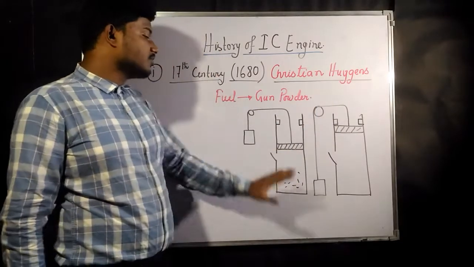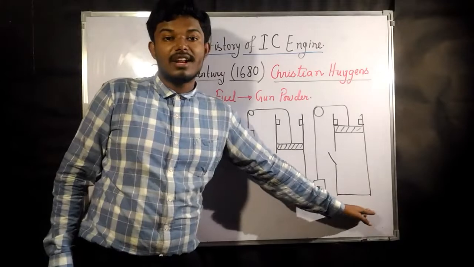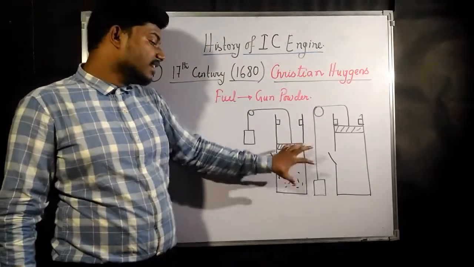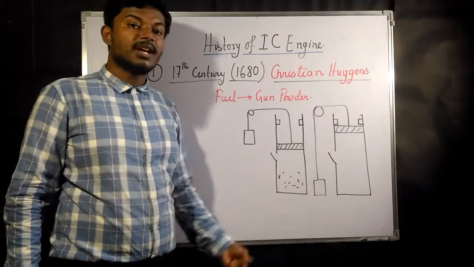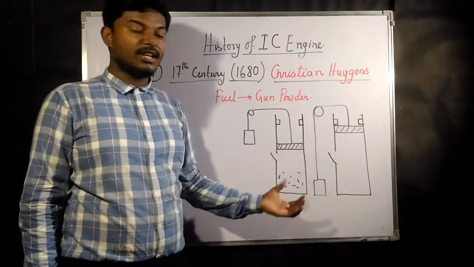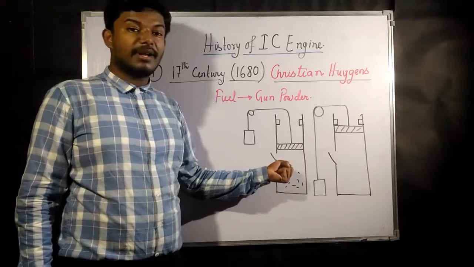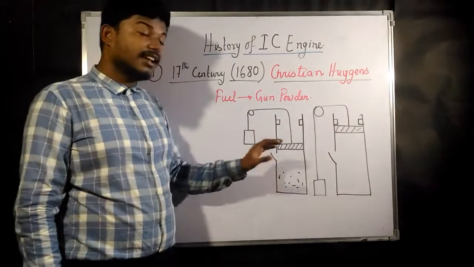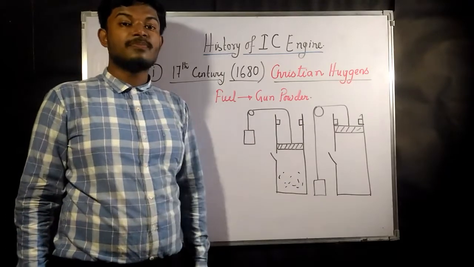So in the 17th century, this was the concept of our IC engine. IC engine means internal combustion engine; the gunpowder used to ignite inside the cylinder only. Due to this, the temperature and pressure of the air situated inside the cylinder other than the gunpowder used to rise up.